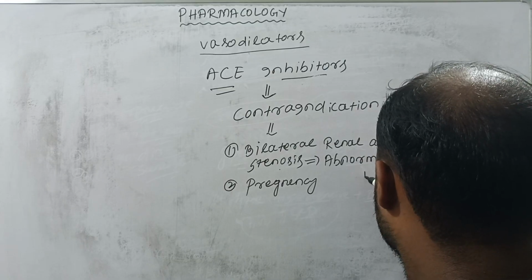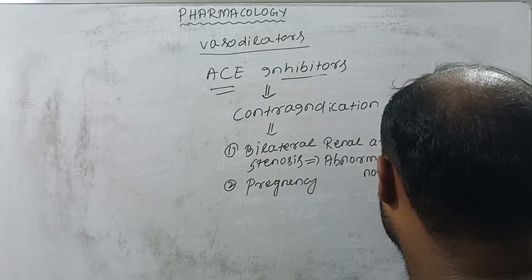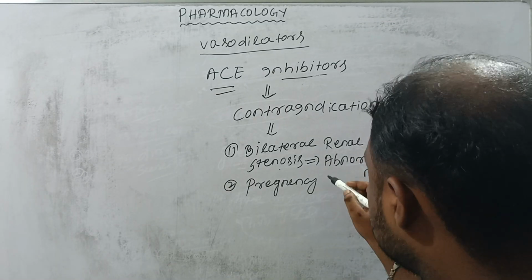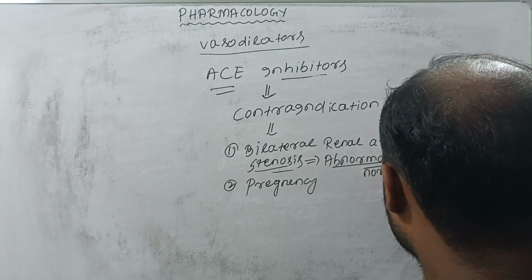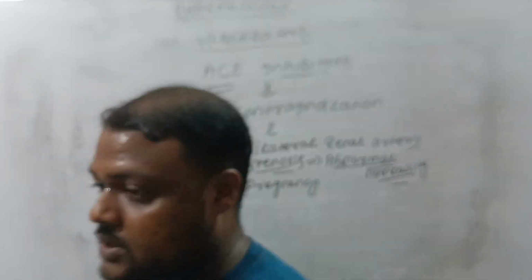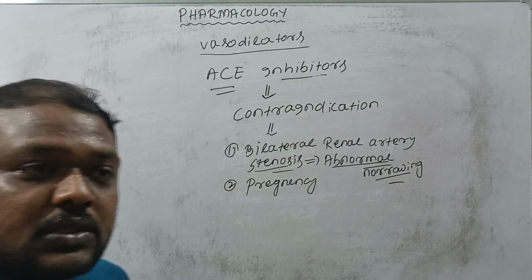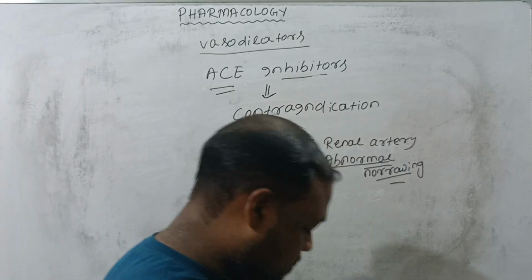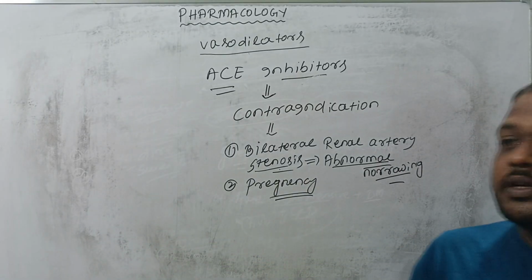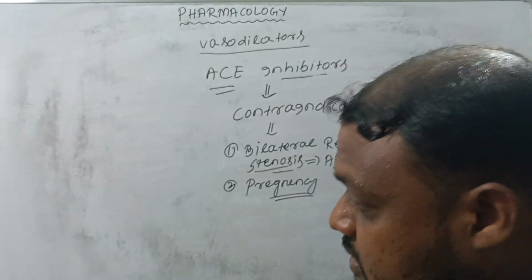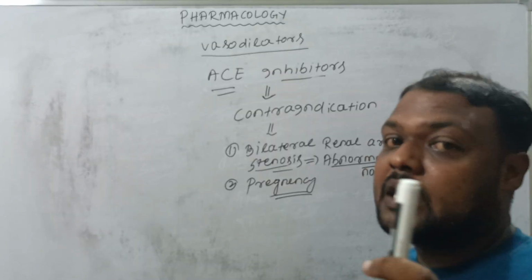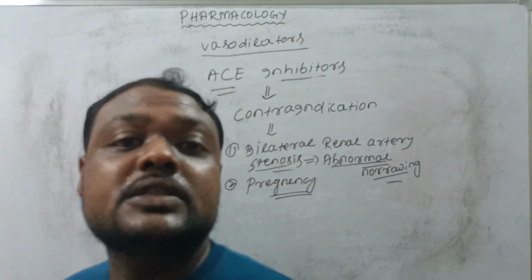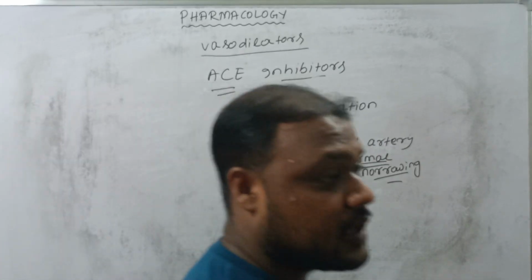In this case we do not administer ACE inhibitor. Then pregnancy: if we administer the ACE inhibitor in pregnancy, it causes congenital fetal malformation. So we do not administer ACE inhibitor in pregnancy.